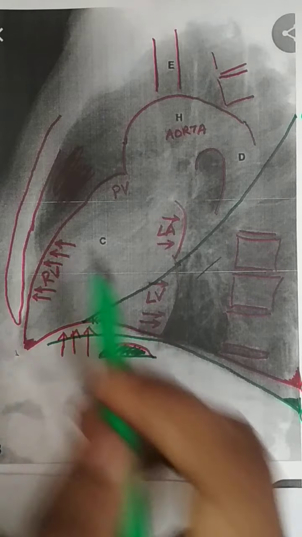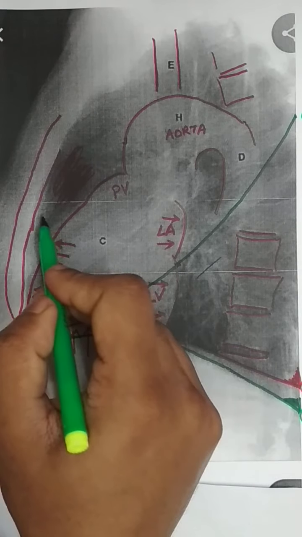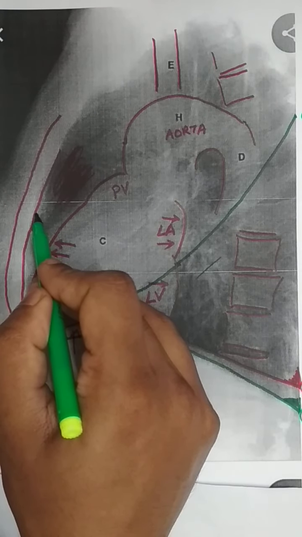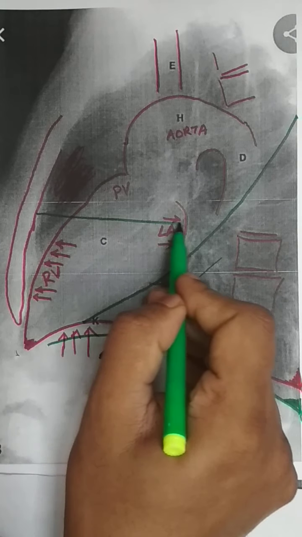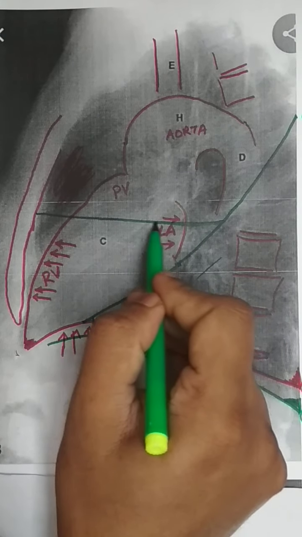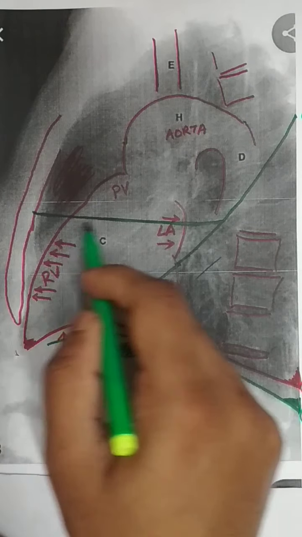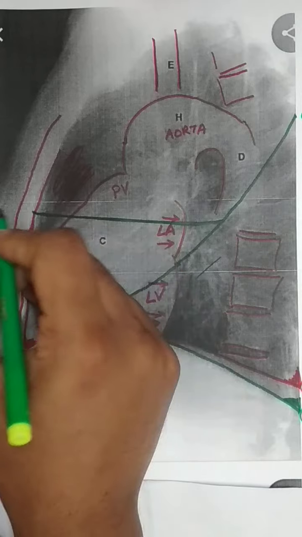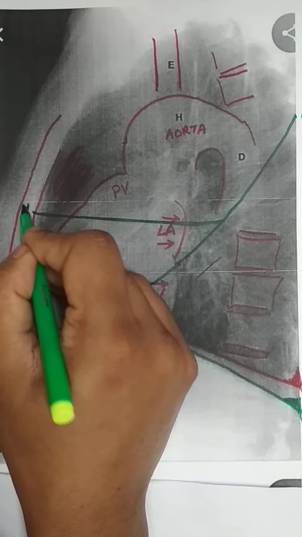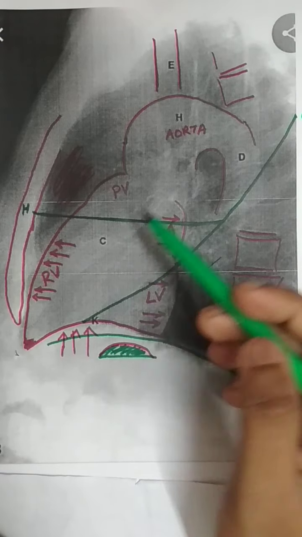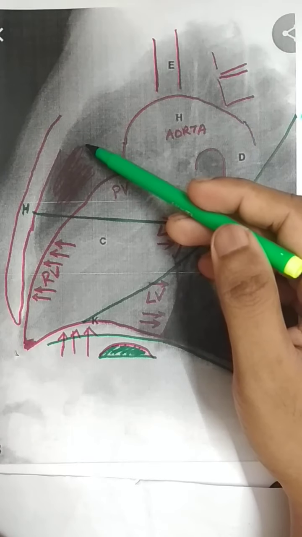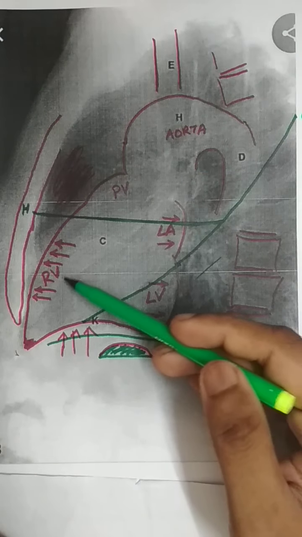Then draw the other oblique fissure, something like this, and this is the horizontal fissure. The horizontal fissure divides the lung field into the upper lobe and the middle lobe.